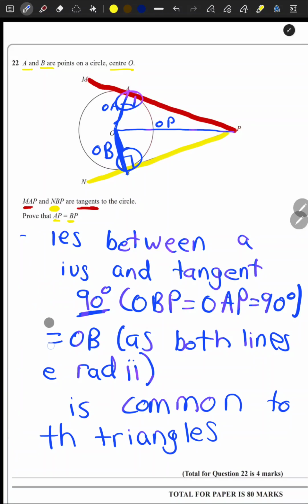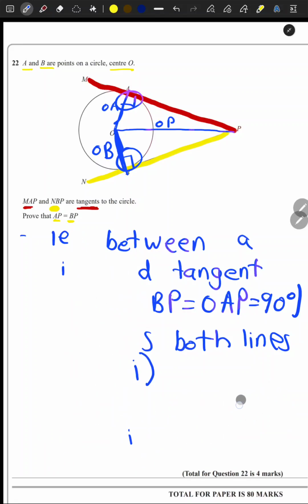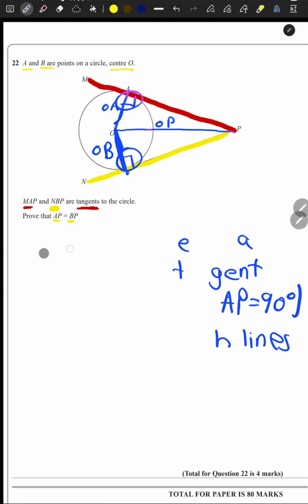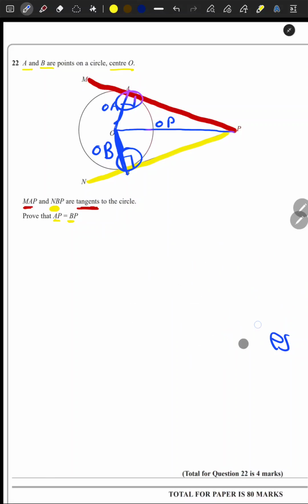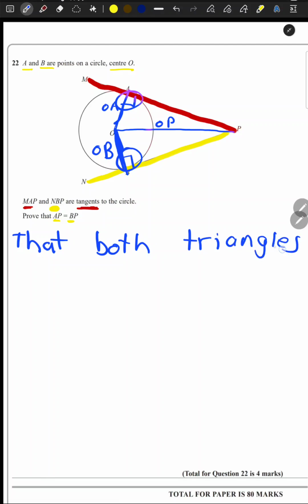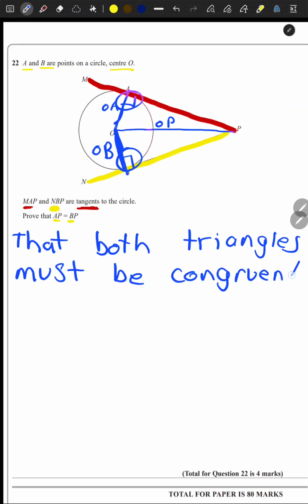So what does this show? This therefore shows that both triangles must be congruent because of SAS.